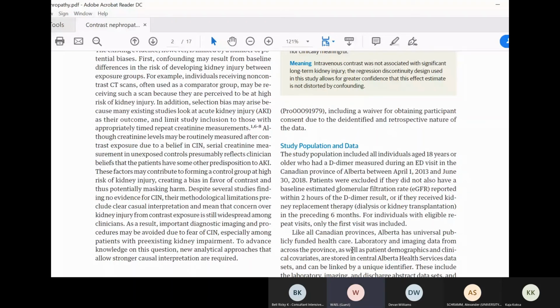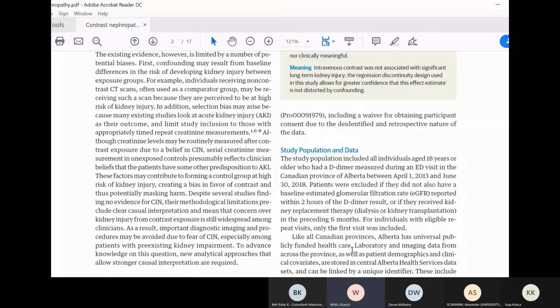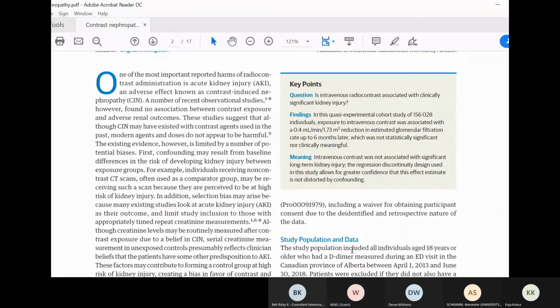One more thing is that they required a baseline GFR. They did a baseline GFR within 2 hours of the D-dimer result, and if it was done more than one time during the 6 months, the latest result was considered in the analysis.